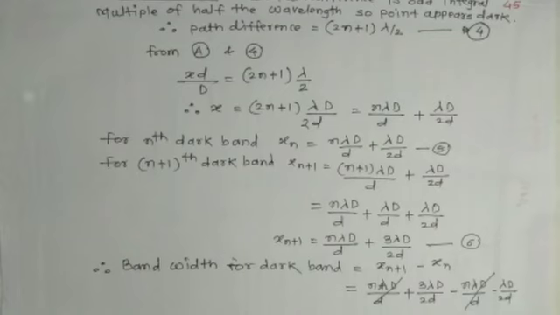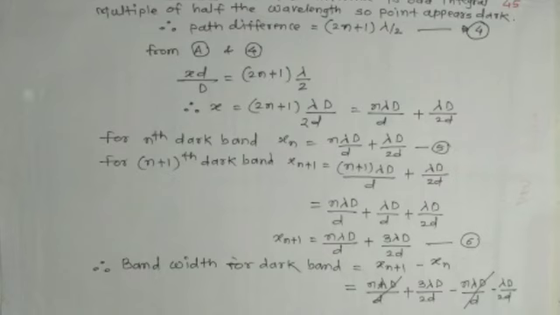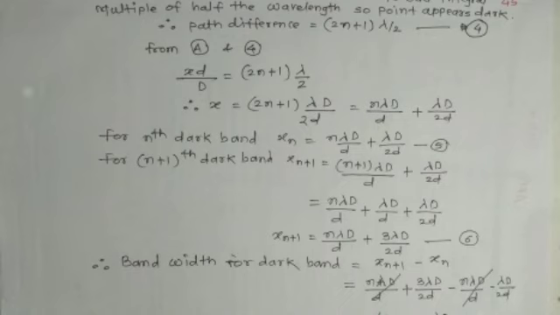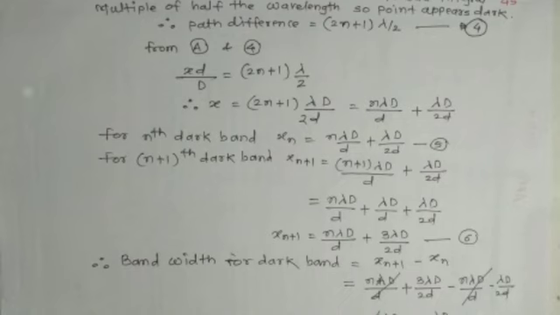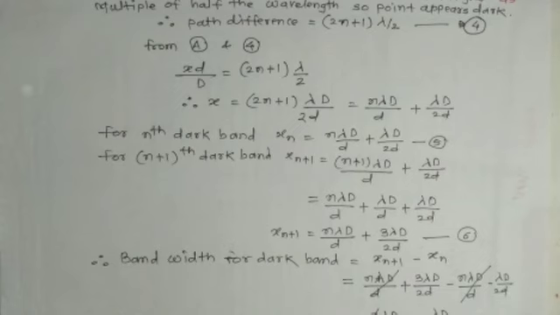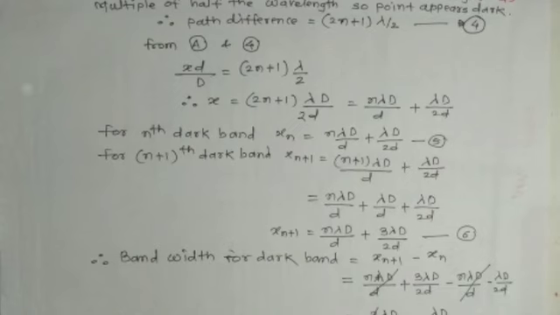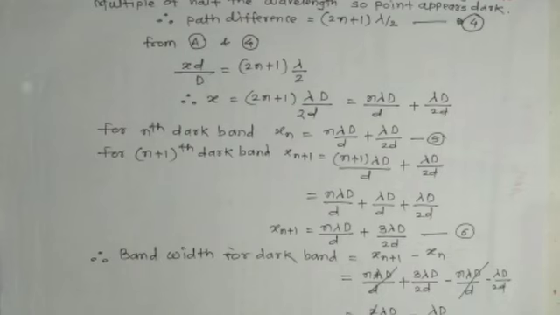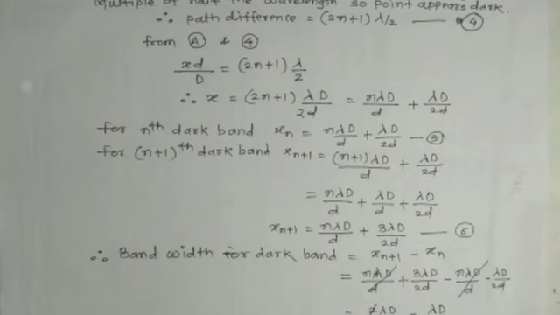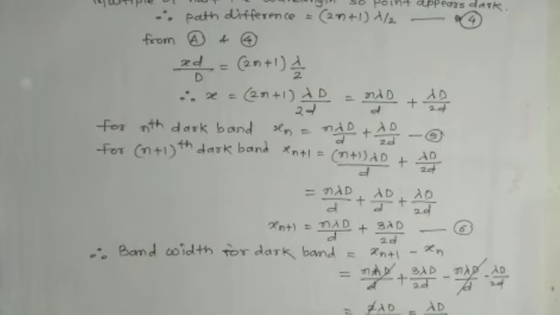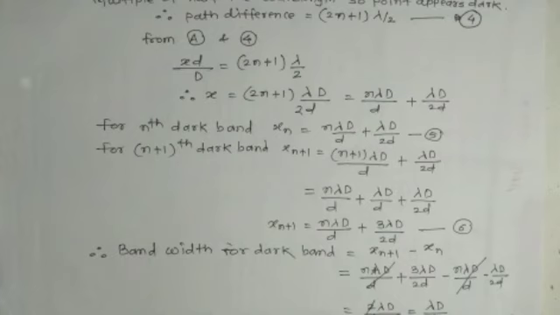So x equal to (2n plus 1) lambda capital D upon 2 small d, which is equal to n lambda capital D upon small d plus lambda capital D upon 2 small d. For nth dark band, xn is equal to n lambda capital D upon small d plus lambda capital D upon 2 small d. It is considered as equation 5.